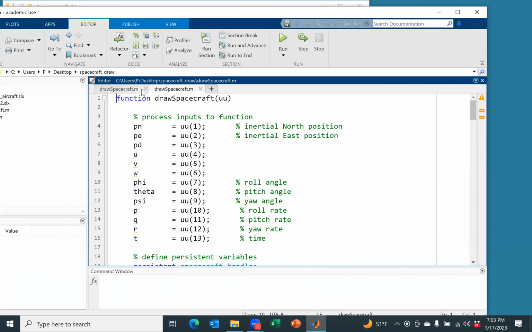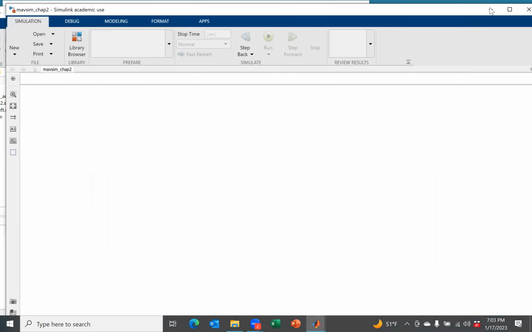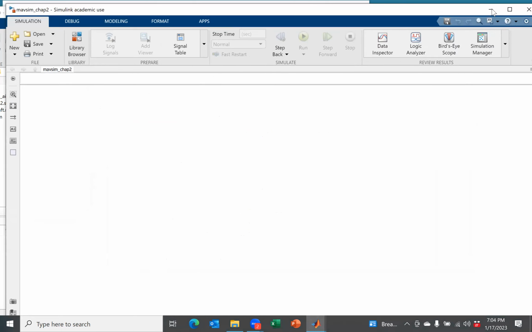So this is the draw spacecraft function, and you just have to copy the code that is given in the textbook. Pn is the north inertial position, Pe is the east position, Pd is the down position. U, V, and W are the velocities.